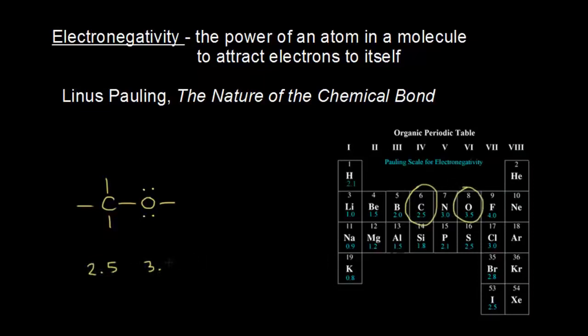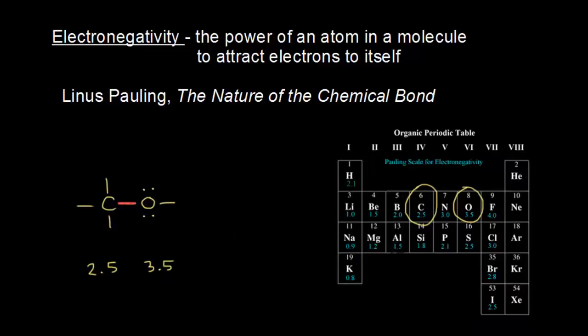So oxygen is more electronegative than carbon, and the definition tells us that if oxygen is more electronegative, oxygen has a greater power to attract electrons to itself than carbon does. If you think about the electrons in the covalent bond between carbon and oxygen that are shared, they're shared unequally because oxygen is more electronegative.